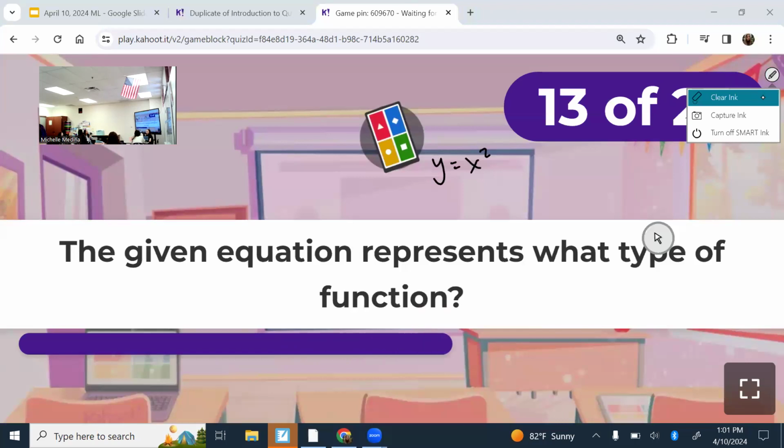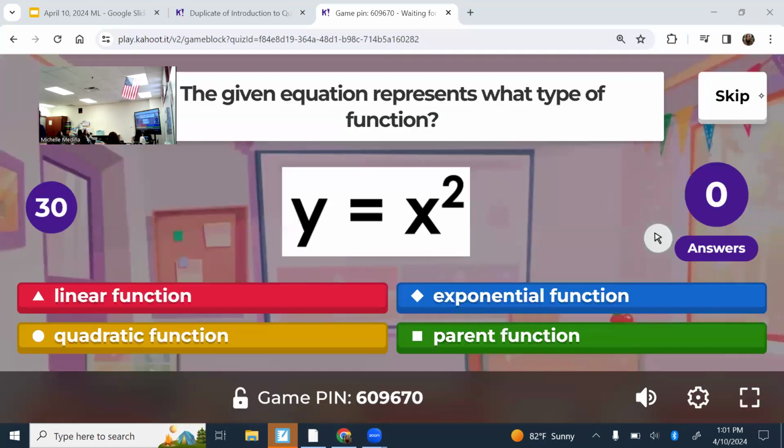Okay, the given equation represents what type of function? Can you read all the options?